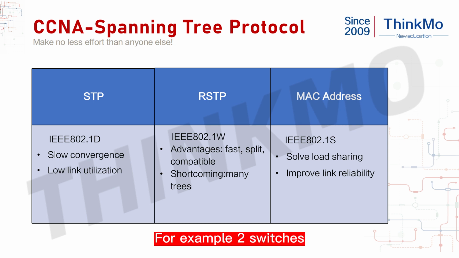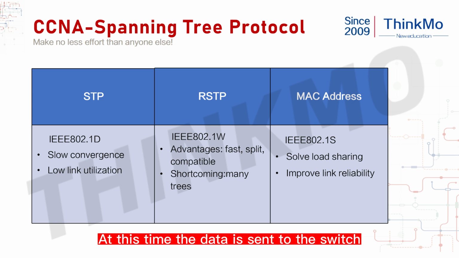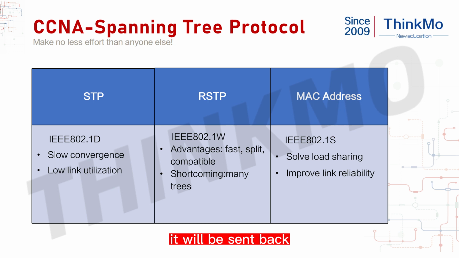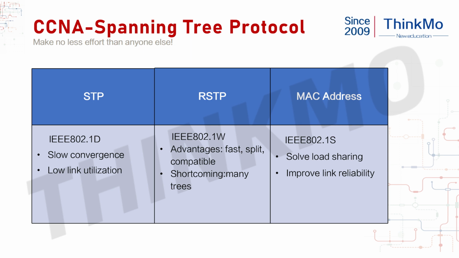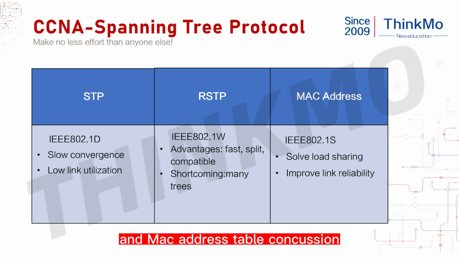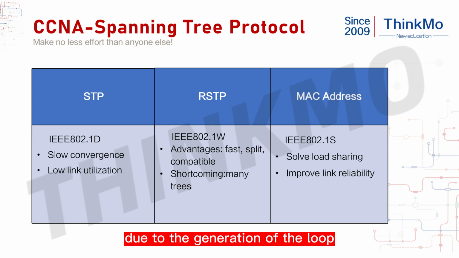For example, with two switches connected by two lines, the data sent to a switch will be sent back. This will result in a network loop and cause a broadcast storm and MAC address table flapping. Due to the loop, communication quality may be poor.